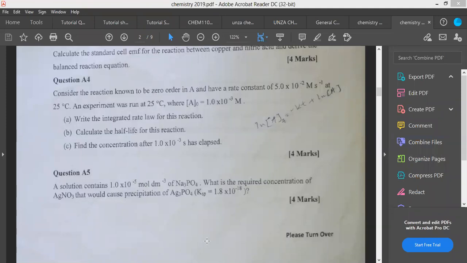And then you now have to place in your initial concentrations. For you to find the initial concentrations, you have been given the initial concentration of this one here. A solution contains this, okay? Meaning dissociate sodium phosphate. Look at the mole relationship between sodium phosphate and the phosphate ion.